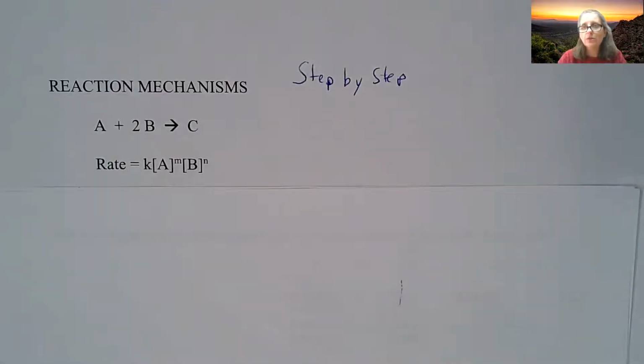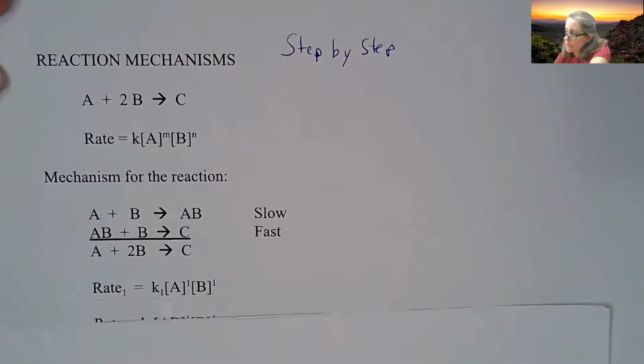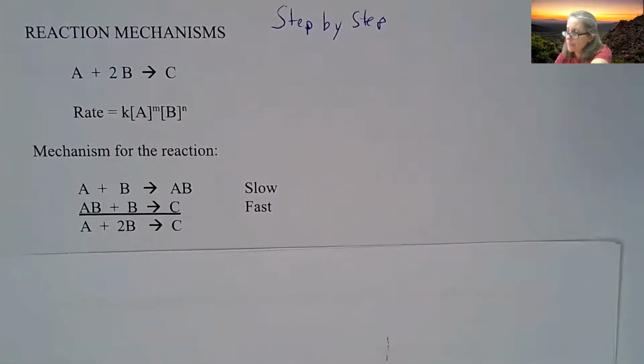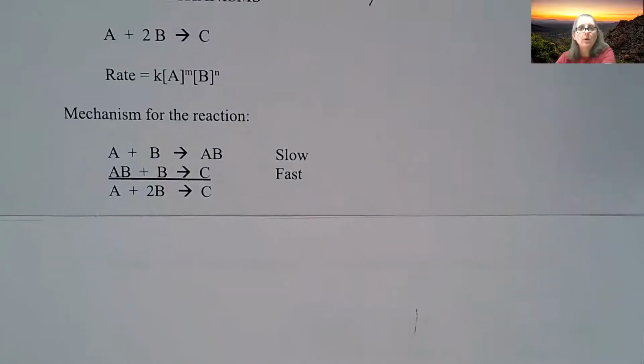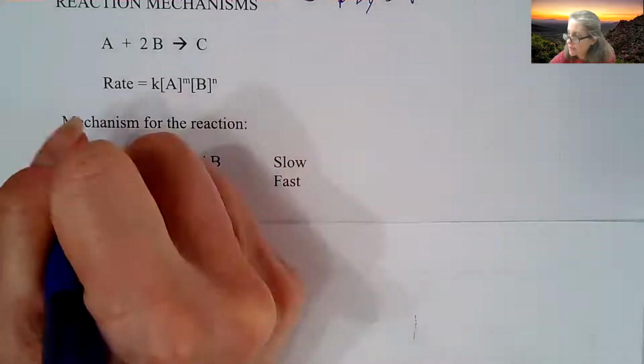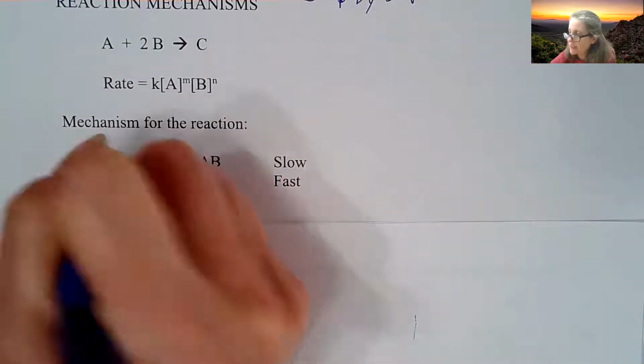What you're going to see on your notes is that I've written a lot of notes for you, so more so, I want you to pay attention to what I'm saying. I have put another link or two up to give you some background as well. In your notes, you're going to see what I call a mechanism for this reaction. This is step 1 and this is step 2.